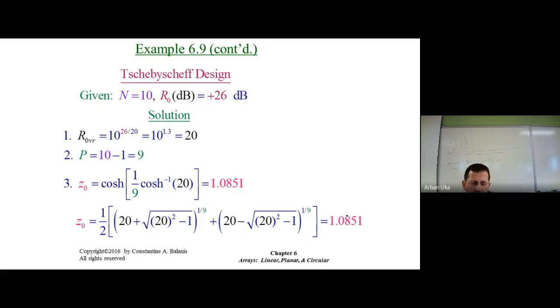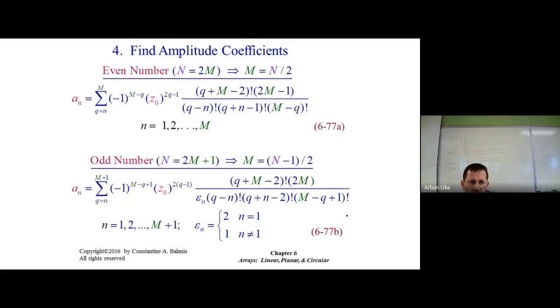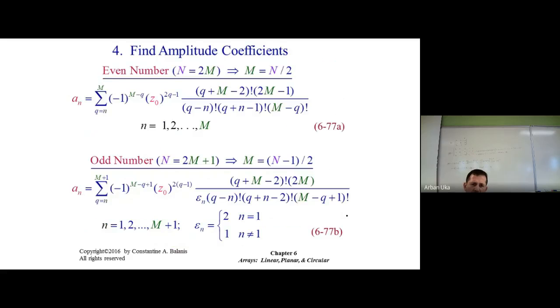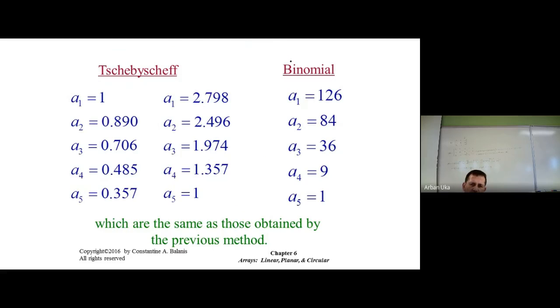Once we got the Chebyshev coefficients, you can apply these equations in those expressions to see whether we approach what we found in the previous case. Now, using these equations, which are shown here, find the amplitude coefficients. This is what we observe.